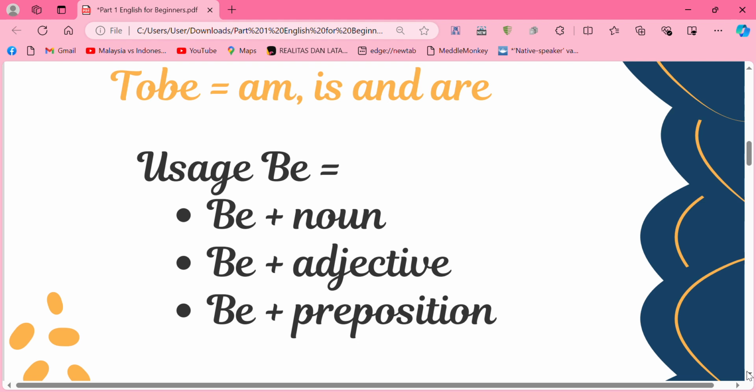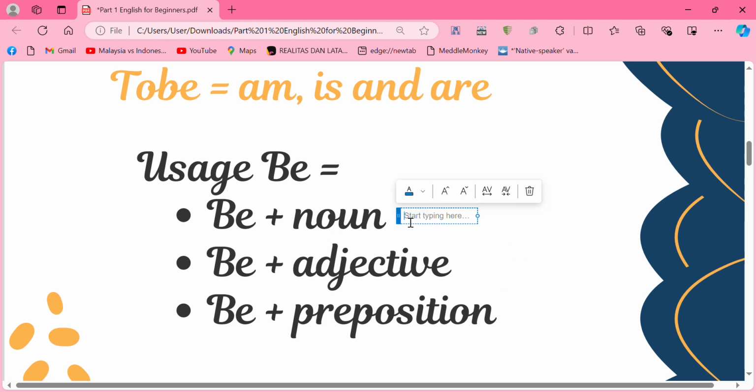Be ditambah dengan noun, be ditambah dengan adjective, be ditambah dengan preposition. Be plus noun, be plus adjective, be plus preposition. Ini artinya verb ini bisa ditambah dengan noun atau kata benda. Verb atau be, am, is, are ini bisa ditambah dengan kata sifat, adjective. Lalu yang terakhir, to be atau verb ini bisa ditambah juga dengan preposition.